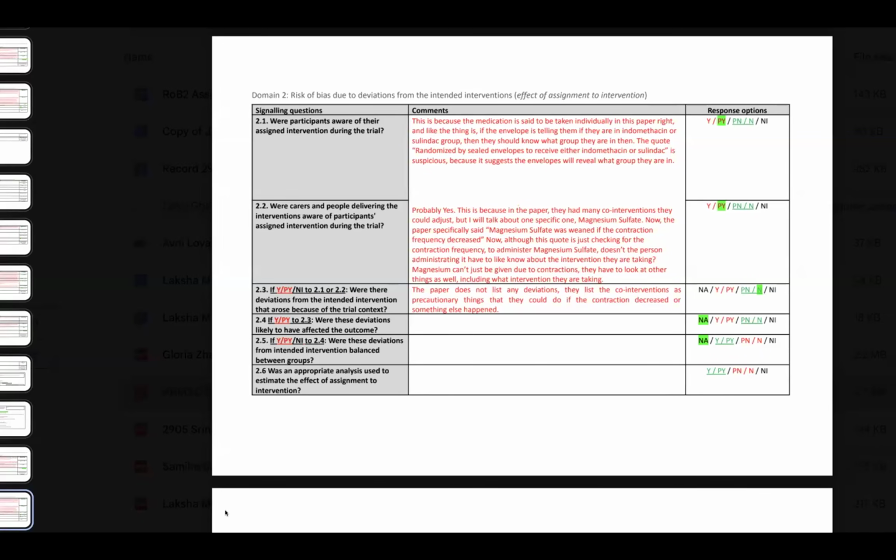When they opened it, does it say indomethacin, or group 1, or group A? We don't know, it doesn't say. Or if the envelopes were for the carers, then the carers would know, but not the participants. But it doesn't give any information on blinding for the participants either. Right, so we don't know that the participants even got the envelopes. Maybe the carers got the envelopes.